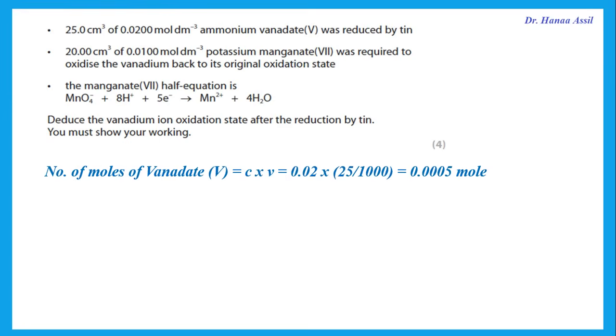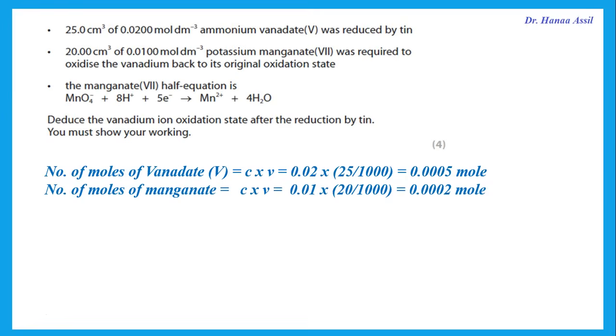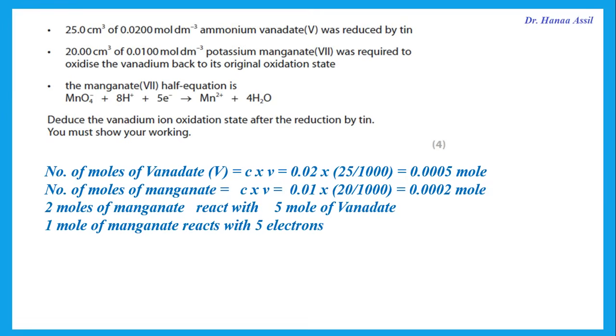So what is happening is I calculate the number of moles of the vanadium from concentration times volume. I calculate the number of moles of permanganate needed to oxidize it back to its original oxidation state. And I find that it is 2 moles of permanganate reacting with 5 moles of the vanadium. And that means that, from the equation, I need 1 mole to react with 5 electrons.